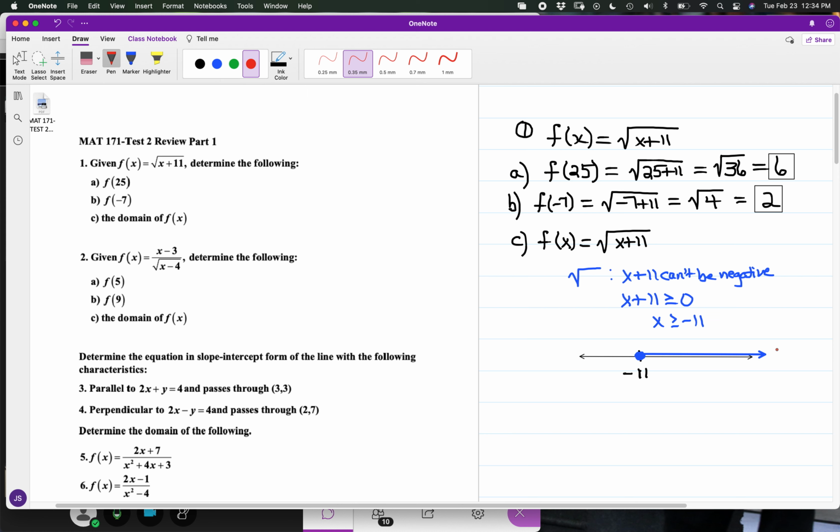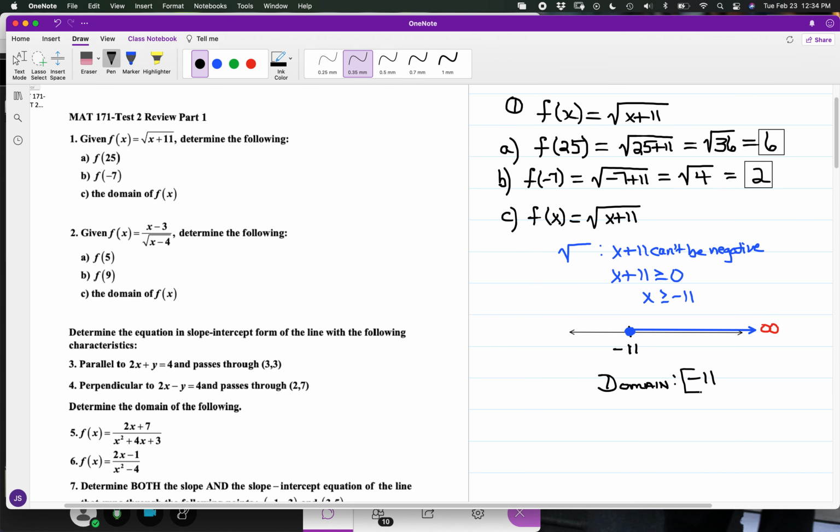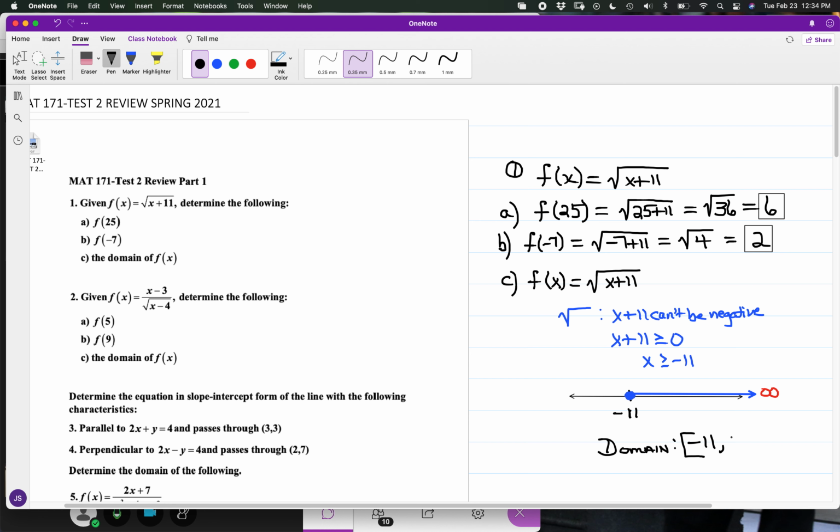Okay, and so it's going to turn out that for the domain of this function, we'll have going from and including negative 11. So this is going to be bracketed, and we have going continuously out to infinity.